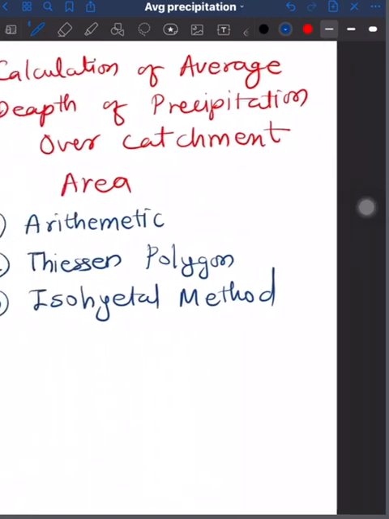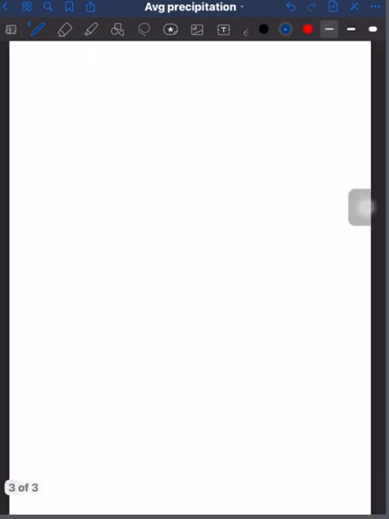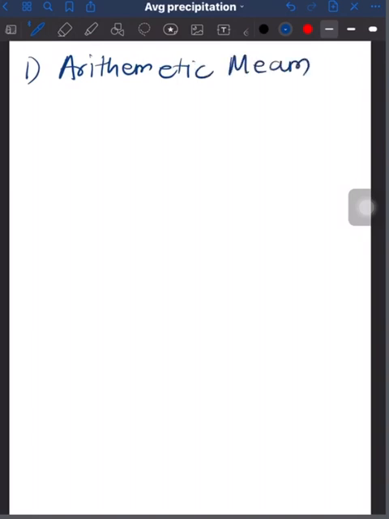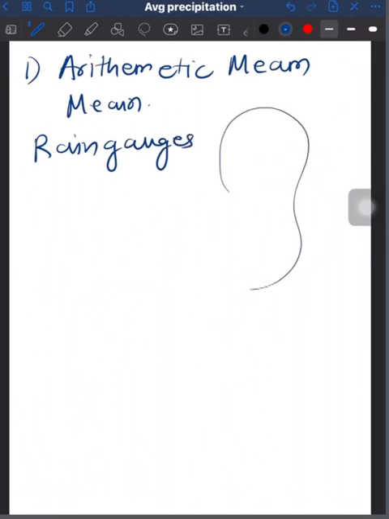So the first method is very simple, which is the arithmetic mean method. Here we have the rain gauges located at various locations across the area. This is our area.